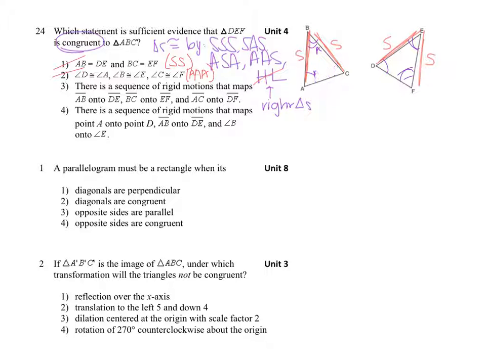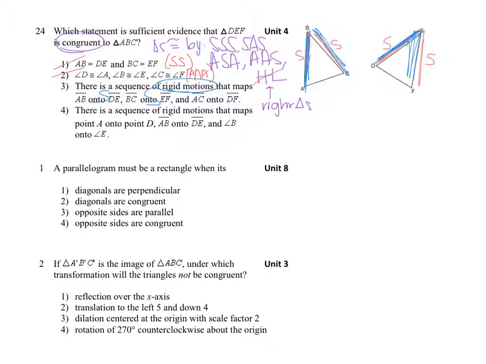Okay, the next one, I can't erase my red markings, unfortunately, on the picture because I paused the video for a second. The next one says there's a sequence of rigid motions, like a translation, reflection, or rotation, that maps AB onto DE. So that's cool, that's a pair of sides. BC onto EF.